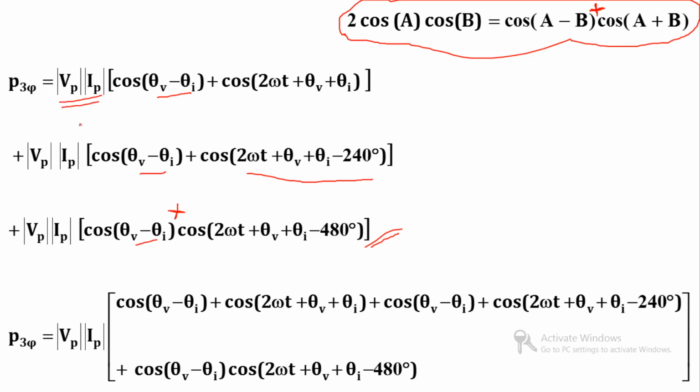Now we can take mod VpIp common from all these equations. So I will write mod VpIp as common.